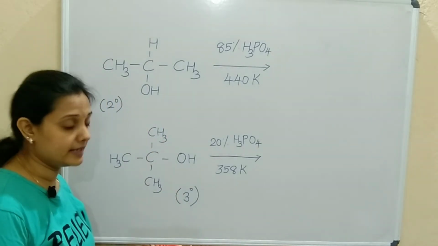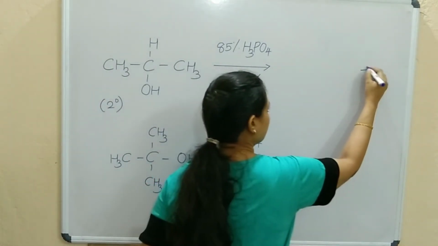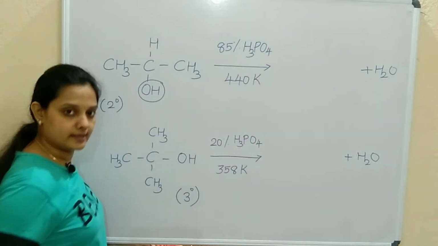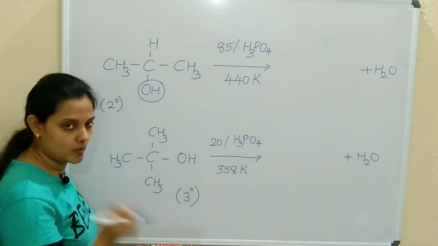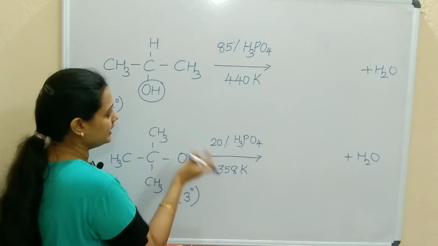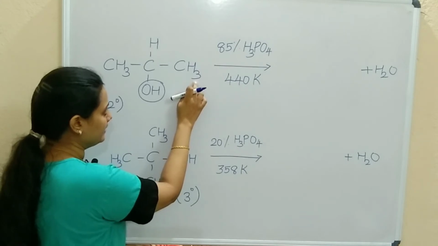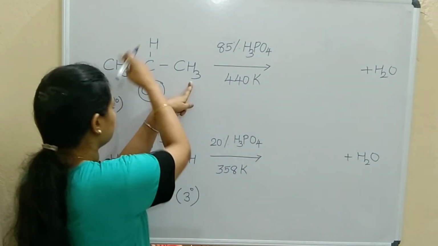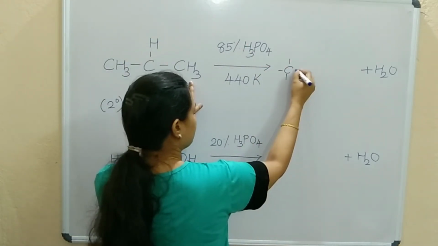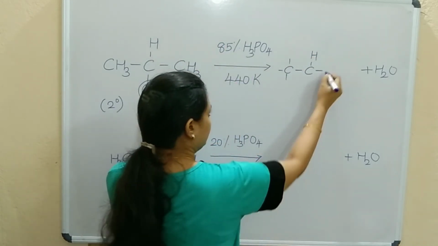Dehydration means again water will be removed. From which carbon is the water removed? Water has two parts, OH and H. OH will be removed from the functional group itself, and one hydrogen from one of the carbons. I will write CH3, then C with one hydrogen, then one carbon.